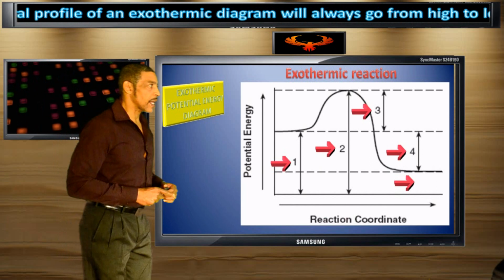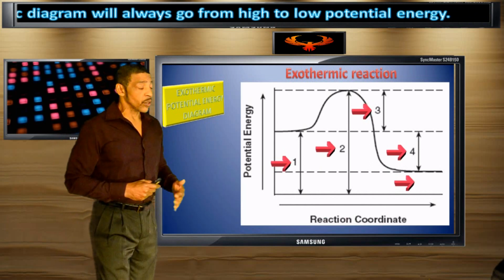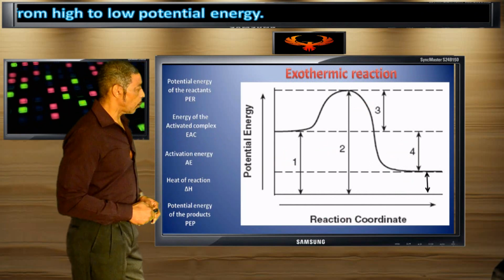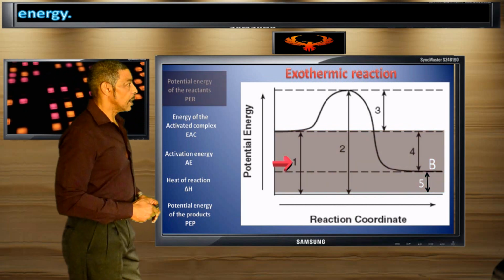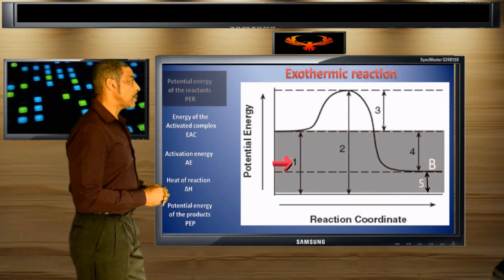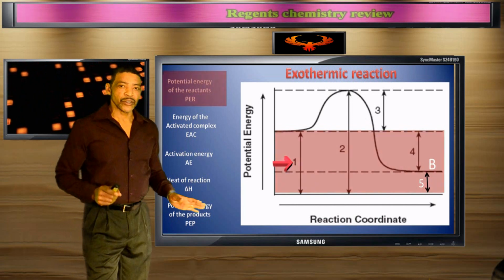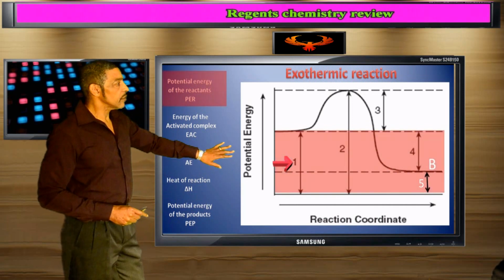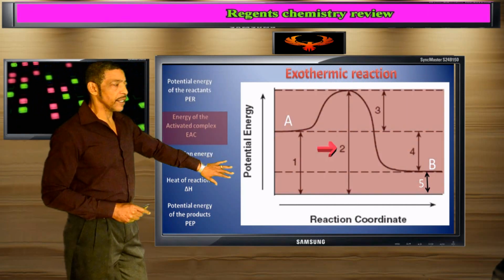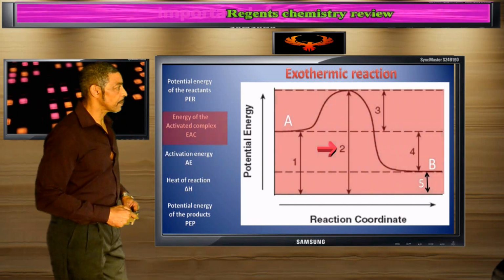Let's identify and label the regions on this particular diagram one by one. Number one, the PER, the potential energy of the reactants. This is the total amount of potential energy contained in the reacting particles.